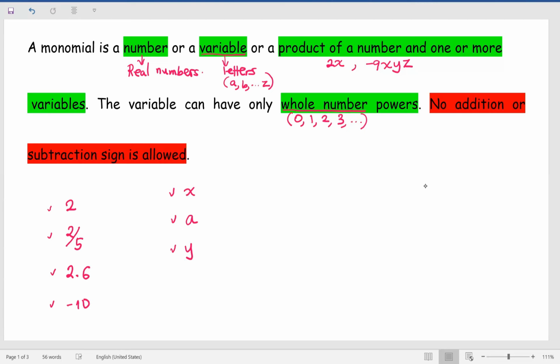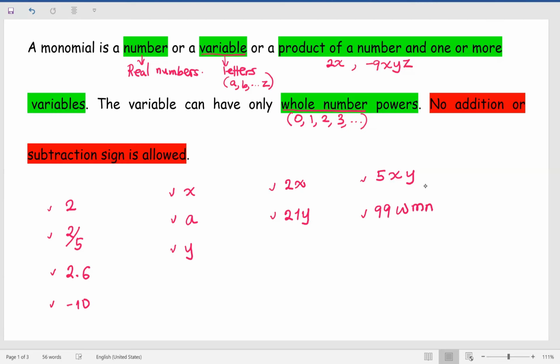Or you can have a product of a number and a variable. Let's say you have got 2x. Let's say you have got 21y. Okay? Then also it can be a product of a number and more than one variable. Let's say you have got 5xy. Let's say you have got 99wmn.